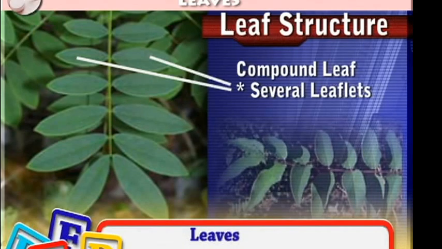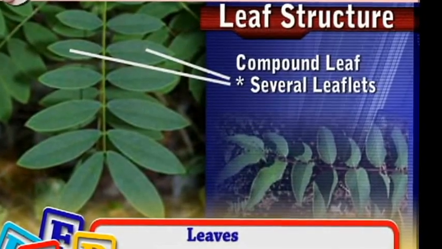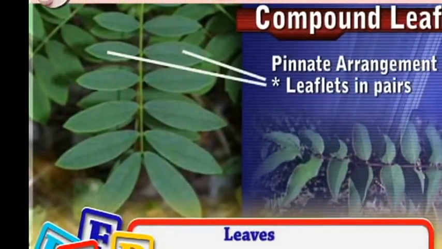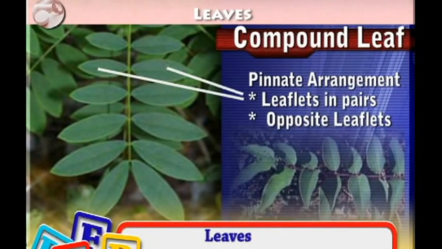And we have said there are many ways of arranging the leaflets of compound leaves. One is the pinnate, where the leaflets are in pairs, opposite to one another, as in the cassia.